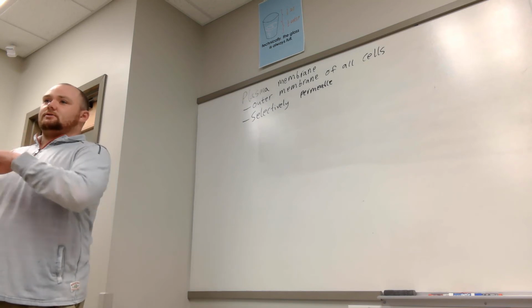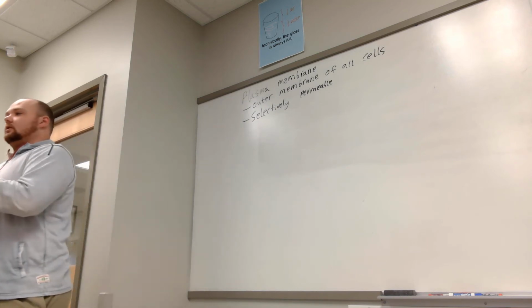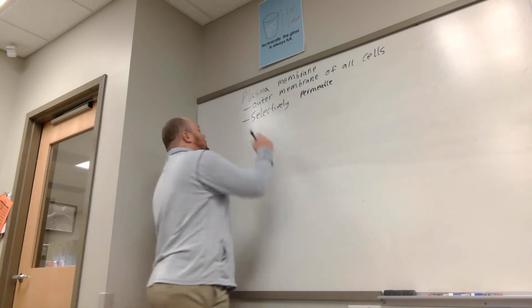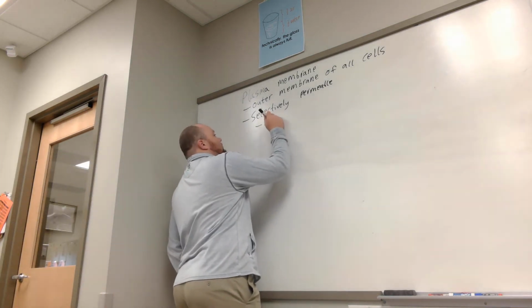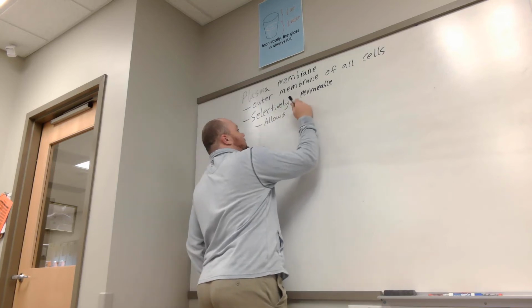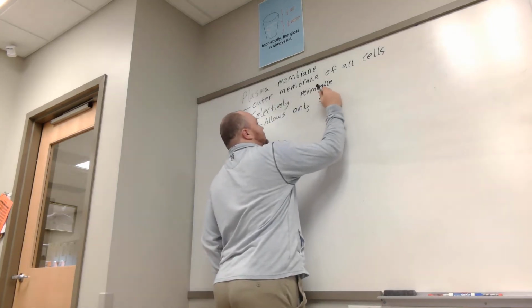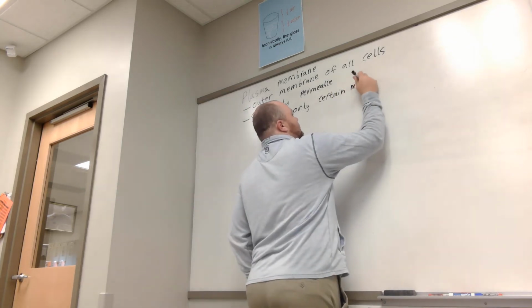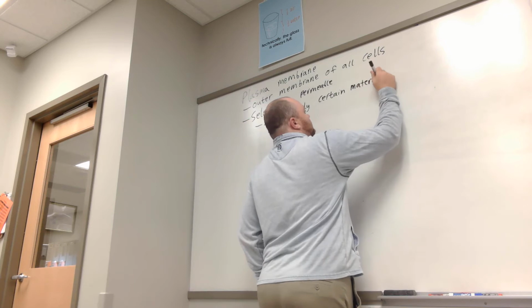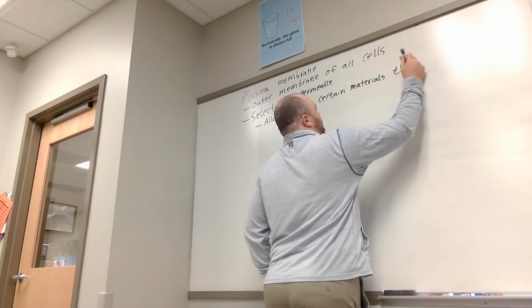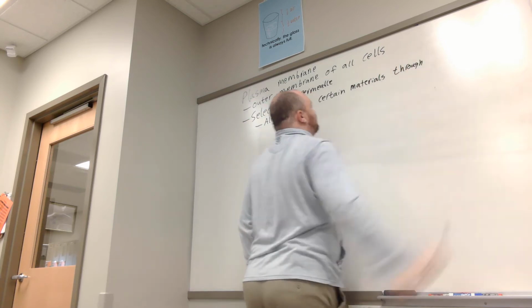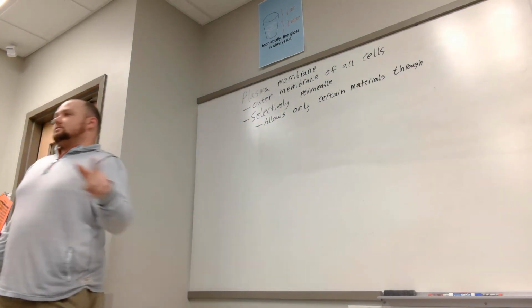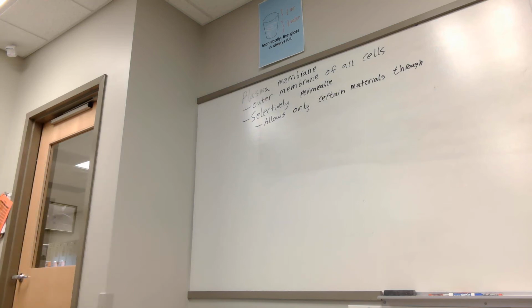It picks certain things that can come in. To permeate means to go through. So to be selectively permeable, it allows only certain materials through. That's the main thing of the plasma membrane. It keeps things out, lets certain things in, keeps certain things in.